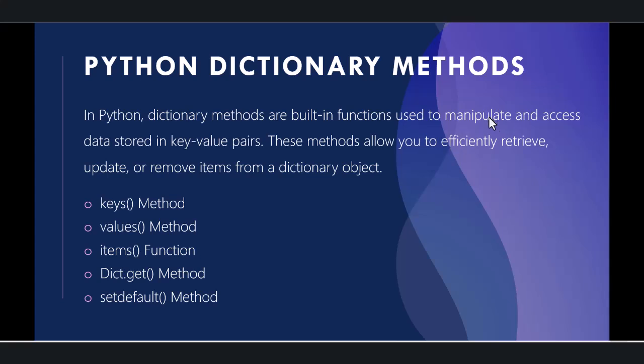As I said, the manipulation is nothing but the changes we make: we can retrieve, update the existing one, or we can remove items from the dictionary objects. These actions we can perform by using dictionary methods. Now in this video, these are the methods that I will explain: keys method, values method, items function, dictionary dot get method, setdefault method.